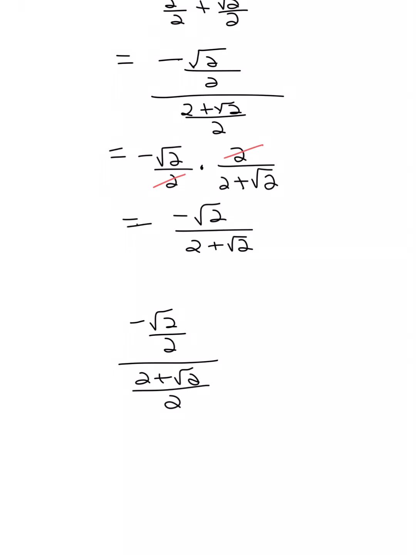So what that means is you don't have to take the time of doing the step of multiplying the reciprocal every time when these denominators are exactly the same. When you have a 2 here and a 2 here, those are always going to cancel. So we can go ahead and just cancel the 2's at that step, and what's left is what our final answer was, the negative square root of 2 over 2 plus square root of 2. This will just save you a little time as you go forward on these problems.